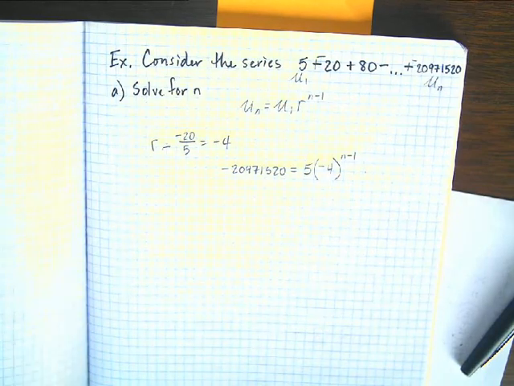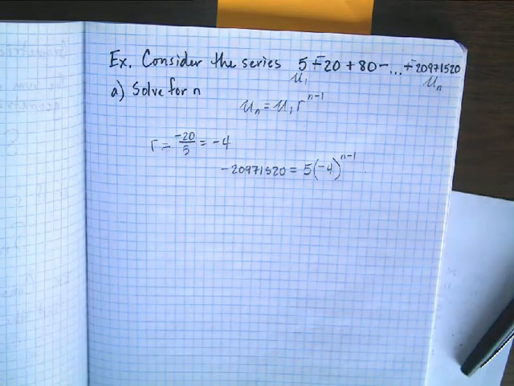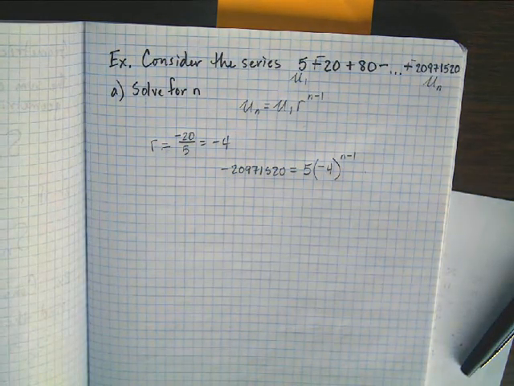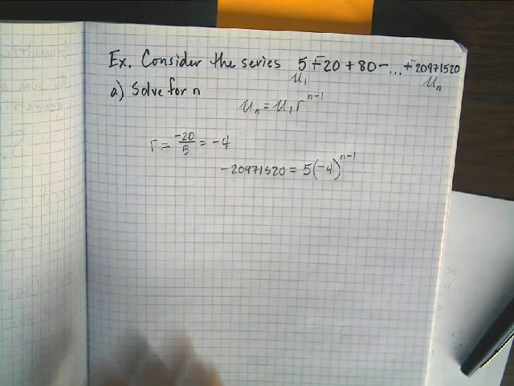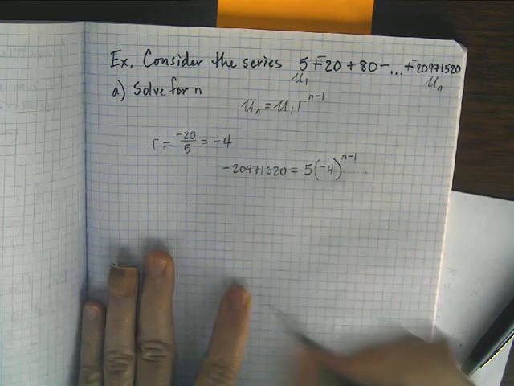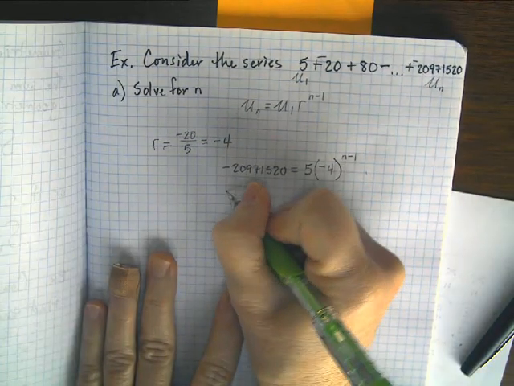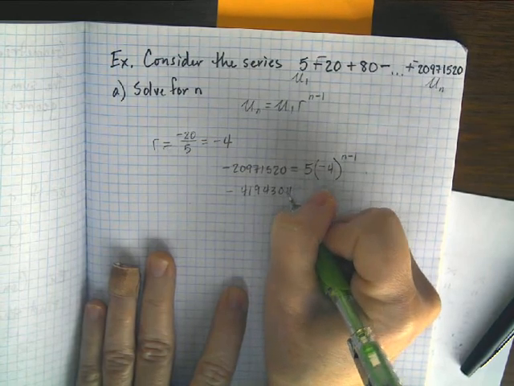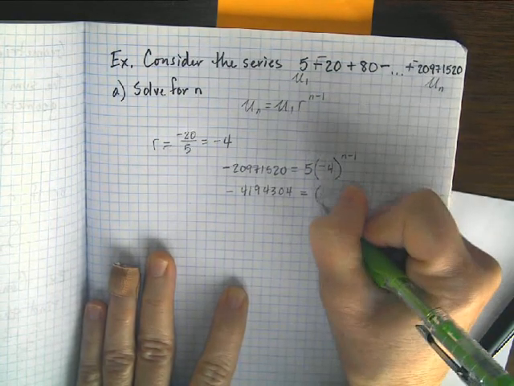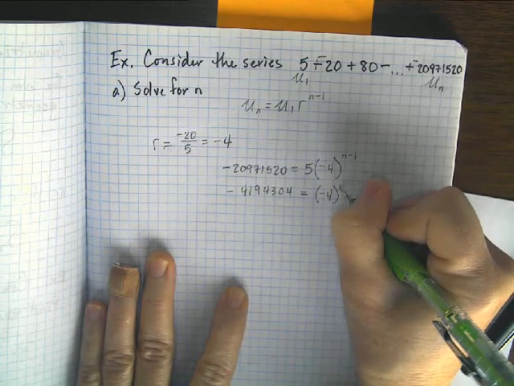Okay, so now I am going to try and solve this. First thing, I'm going to divide both sides of my equation by 5. So when I do that, I get negative 4194304 is equal to negative 4 to the n minus 1.